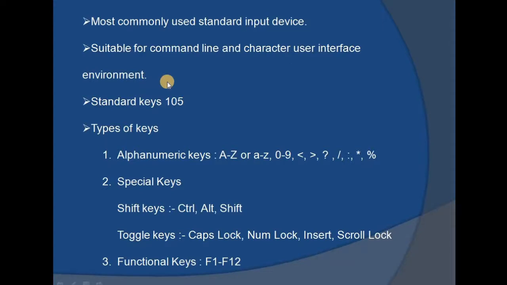Whenever we want to type something, we use the keyboard because it has a lot of shortcuts compared to the mouse. Most of the time in office work we use the keyboard.